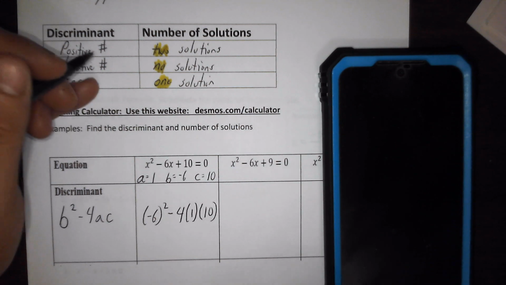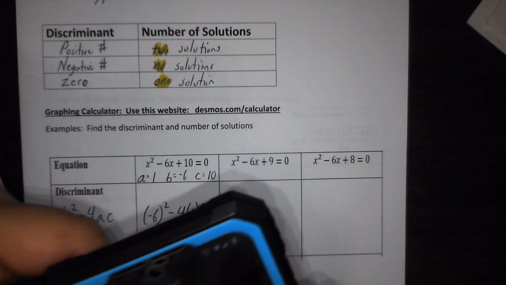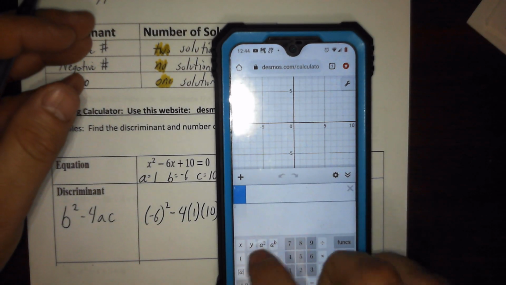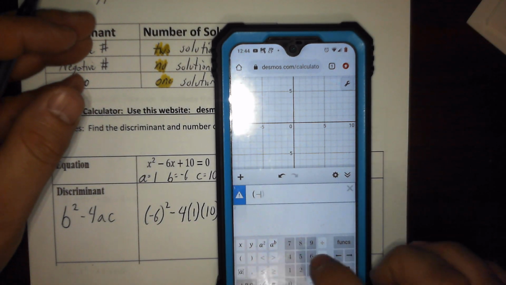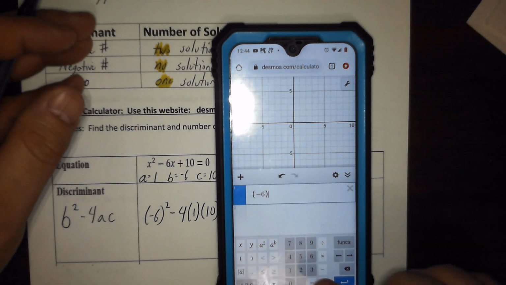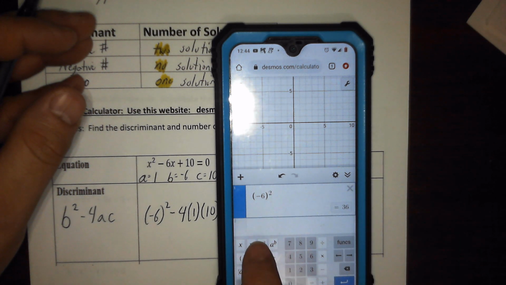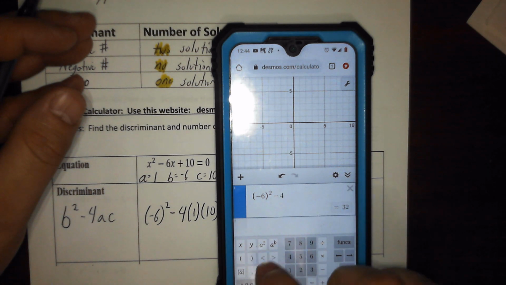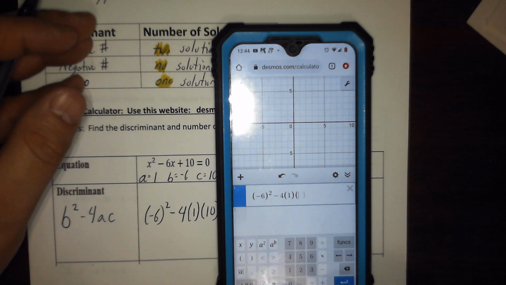I can solve it right here in the calculator: (-6) squared minus 4 times 1 times 10, and I press equals.